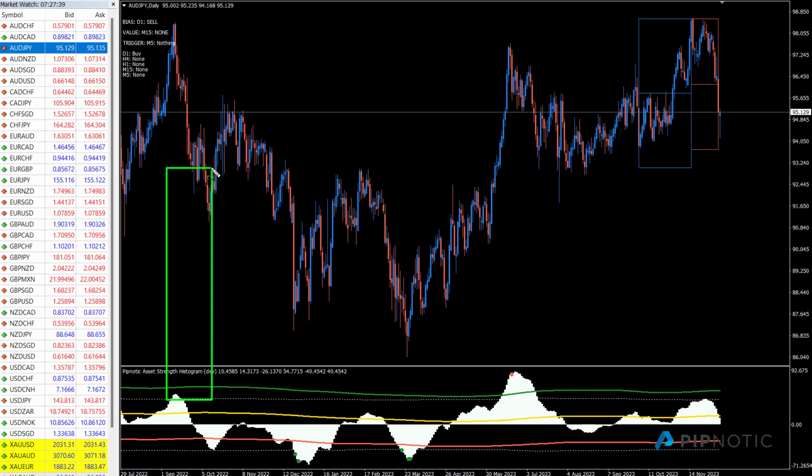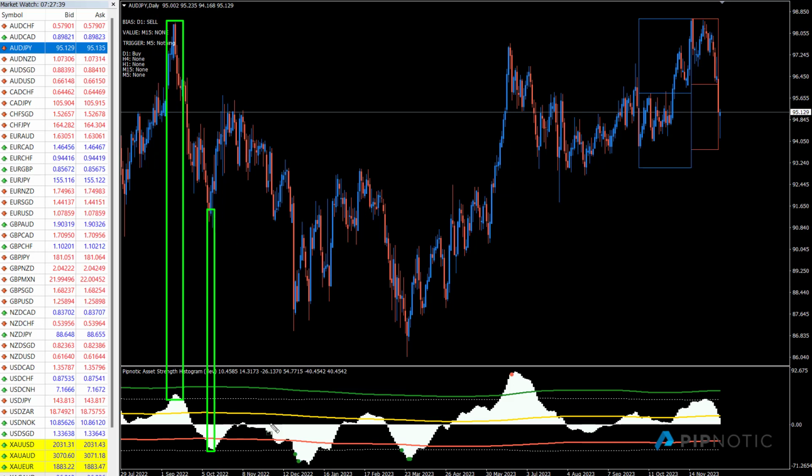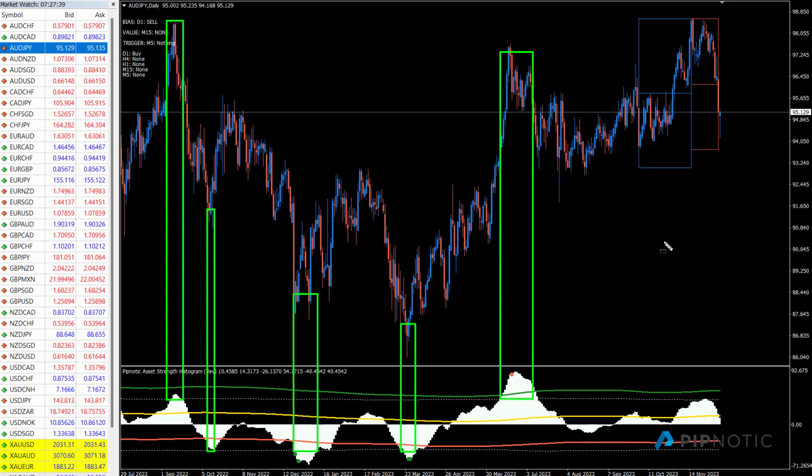If we just align these, this is probably a better tool. This one got pretty close right there. This one got pretty close here. Right here.